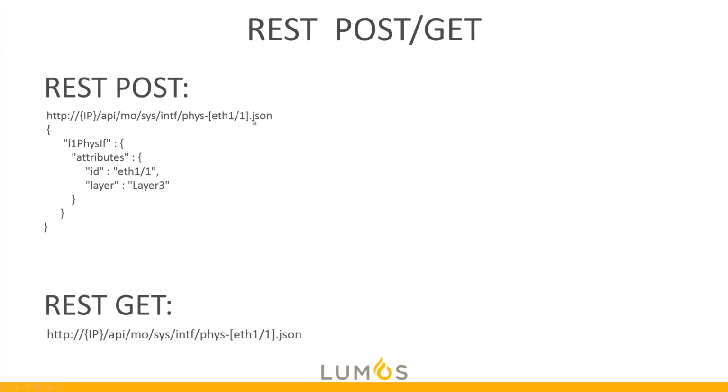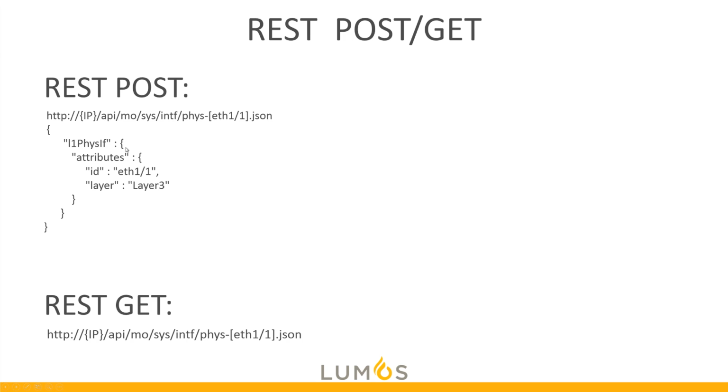So if we made that POST with this body, that layer 1 physical interface is the key, and the value is a dictionary or sub configuration, I guess a dictionary if it was Python, not if it's JSON.